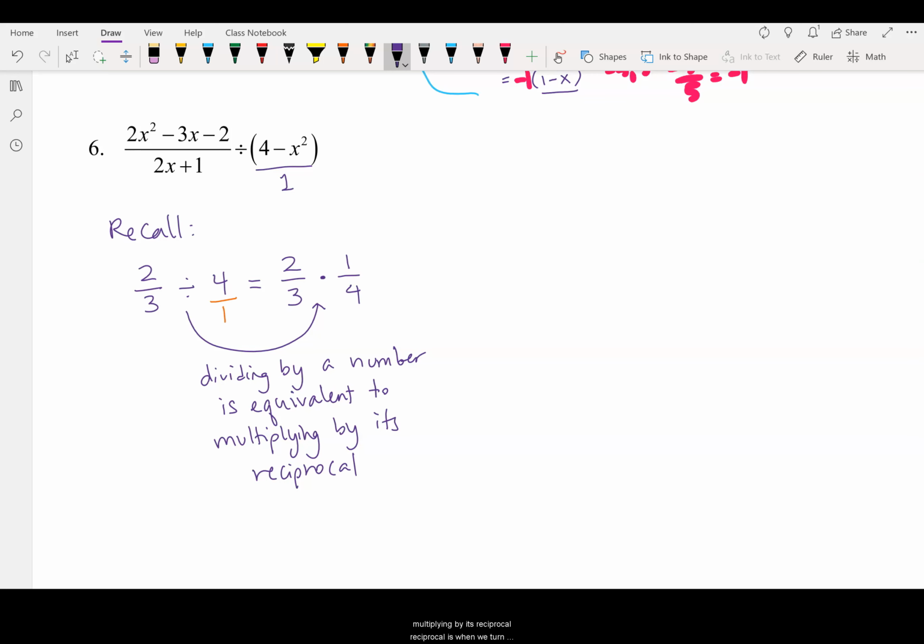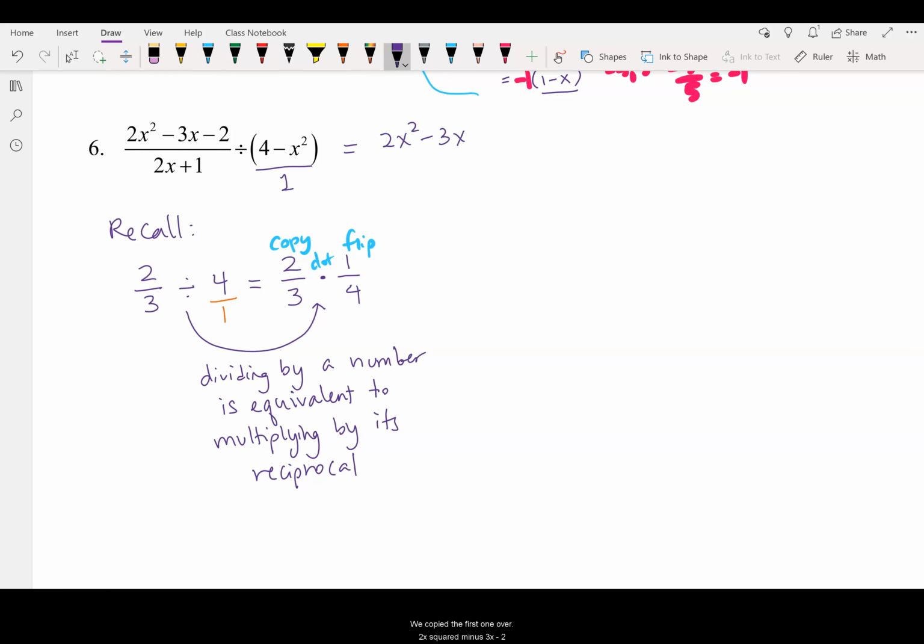Reciprocal is when we turn the fraction, the numerator becomes the denominator and the denominator becomes the numerator. Or, as some of my previous algebra students have indicated, copy, dot, flip.